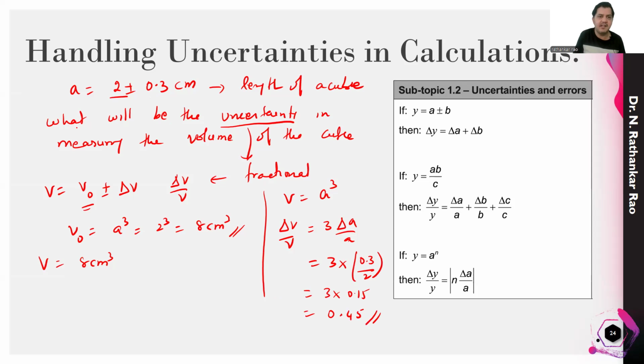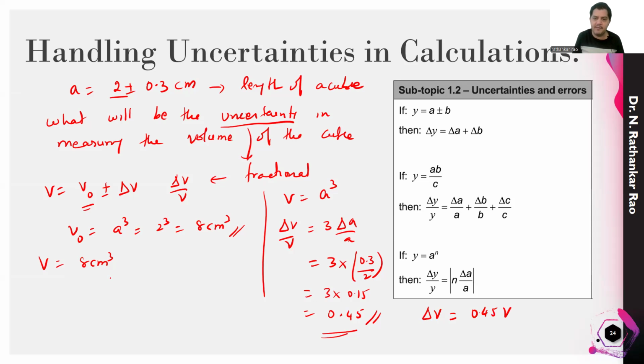What is he asking? He has already asked me what is the uncertainty in measuring the volume of the cube, which is fractional uncertainty. We have got the answer here. You need not do this one also. But if he asks you about the absolute uncertainty, then what you need to do is find delta V is equal to 0.45 times V. What is V? 8. Substitute that value.